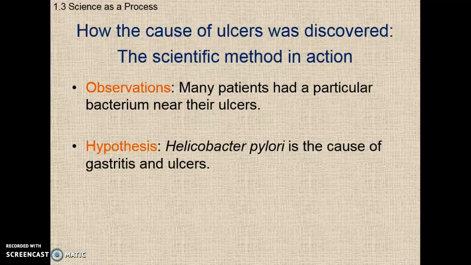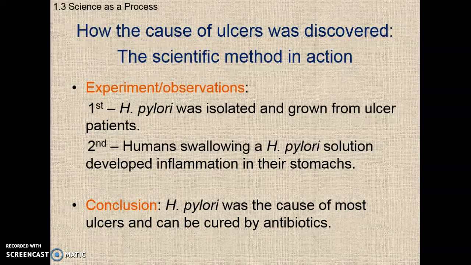So if we go back to this process of observation and hypothesis, and look at the scientific method in action, you have the observations. The patients had Helicobacter pylori near their ulcer, and so you state the hypothesis that that organism causes ulcers.